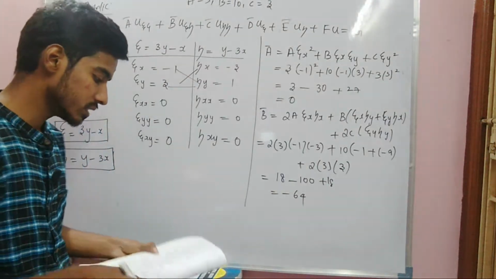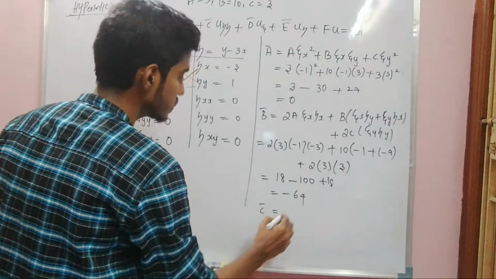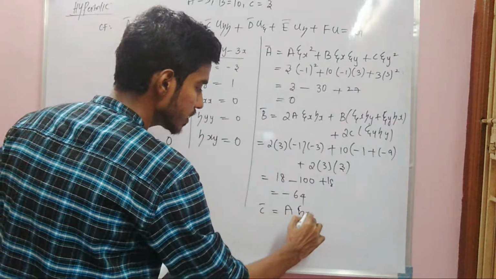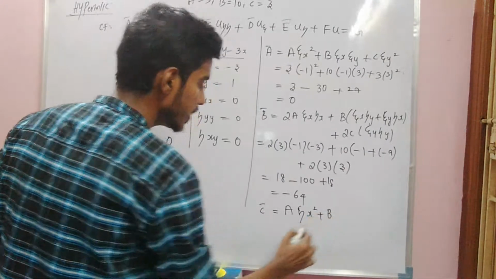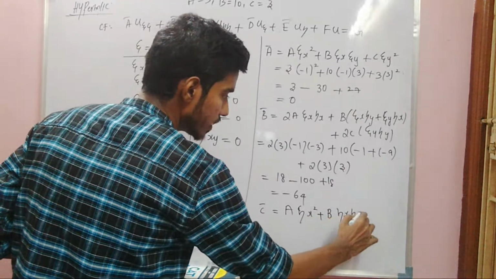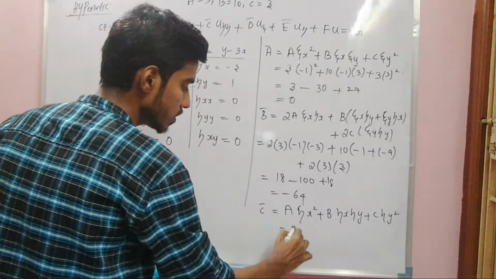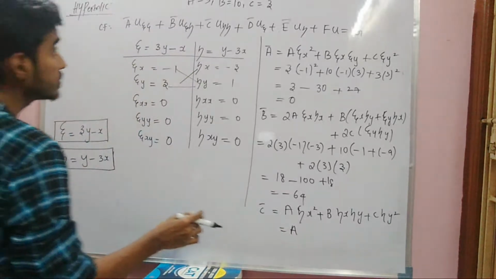Now you find c bar. You need to find c bar. So what's our c bar? It is a into eta x square plus b into eta x eta y plus c into eta y square. Now this will be a into a is 3, right?